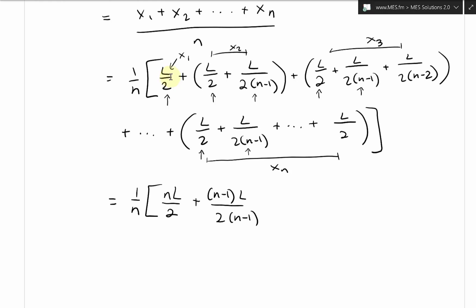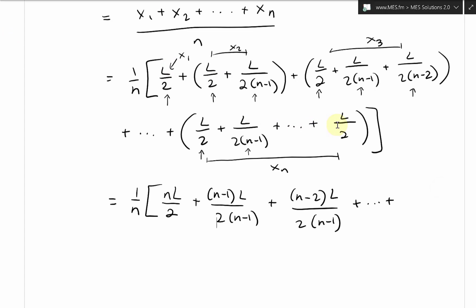Similarly, the next one is going to be L over 2 minus 2, and this appears everywhere except on x2 and x1. So we're going to have plus n minus 2 times L over 2 minus 1, and then plus dot dot dot all the way across.